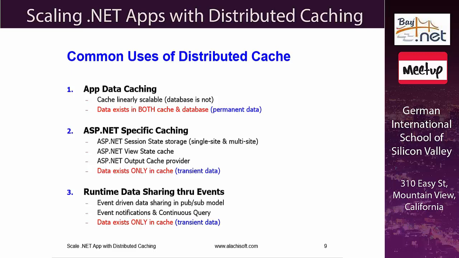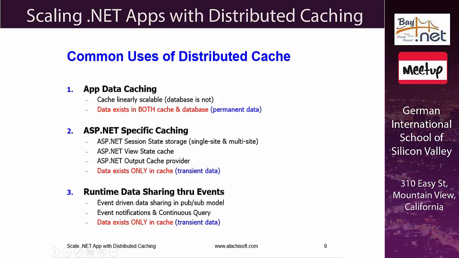Although there's a performance hit, because if you have to go to the database to reload that 16 gig of data or 64 whatever gig that you had cached, that is going to have a performance drop in your application. That's why you want replication even in application data caching. But in ASP.NET specific or runtime data, you must have it. You're playing with fire if you don't.